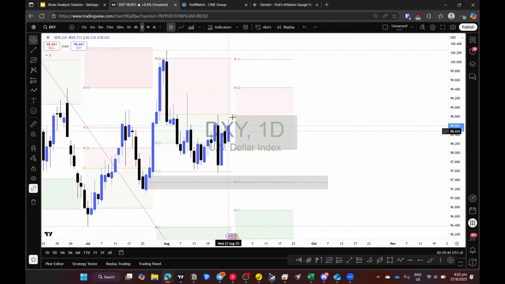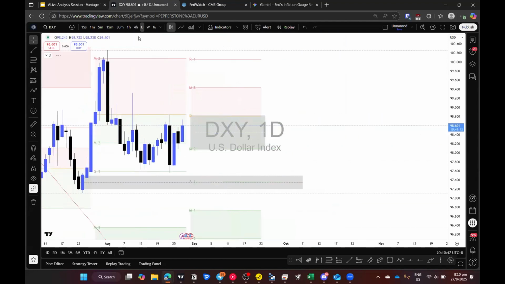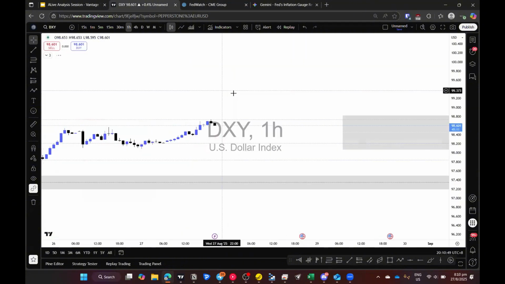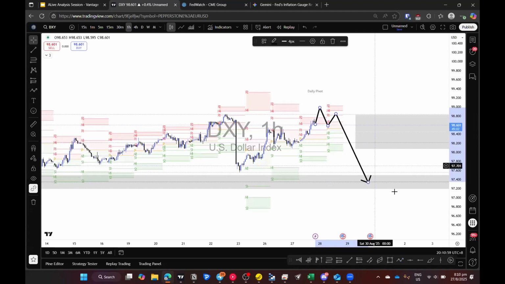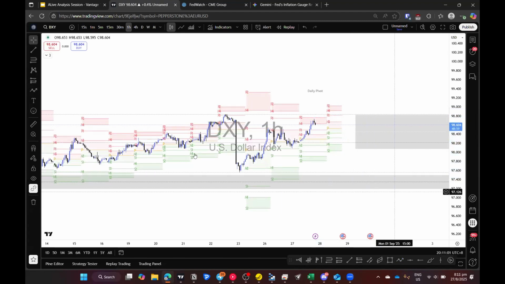Not much to talk about for the rest of this month, but we potentially can see a sweep above this high here before it hits downward. So continuation to the upside and then a sweep back down to this area here. This was last Friday's news, and the dollar sold off during that period.